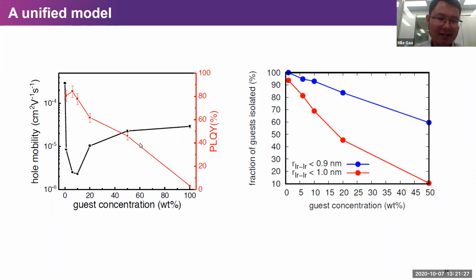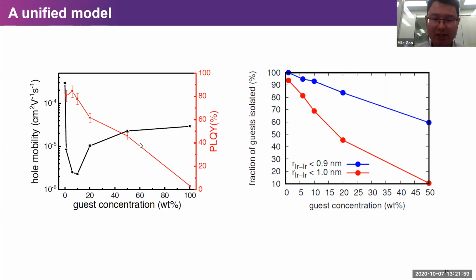With a smaller cutoff distance, the 1, 6, and 10 weight% films have very small amounts of connected RP. So here is the fraction of isolated guests. In these three conditions, most of them are isolated. So there is less intermolecular interaction, and less quenching.